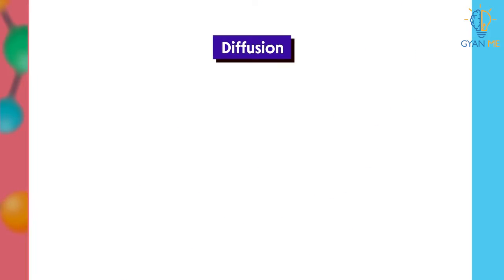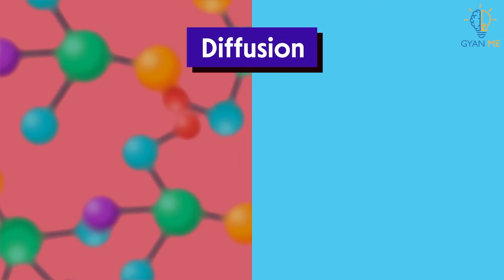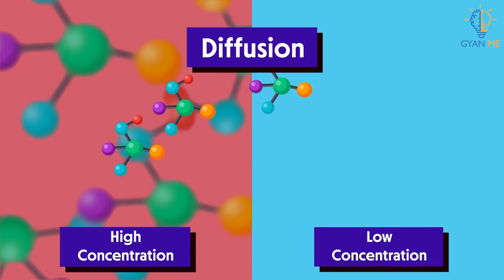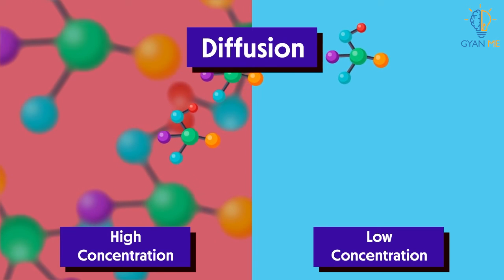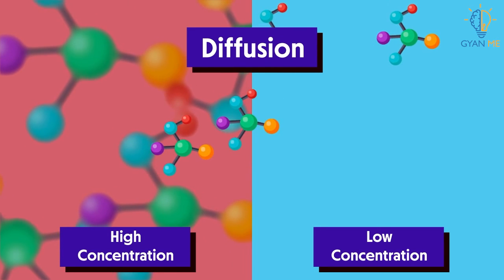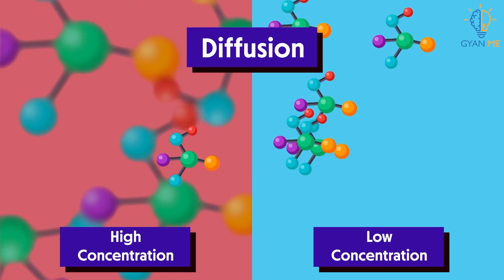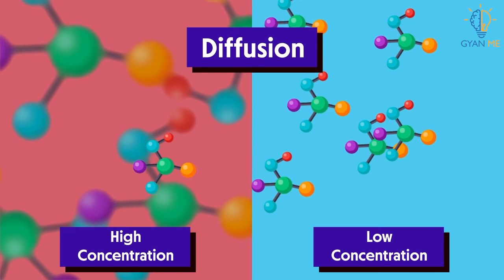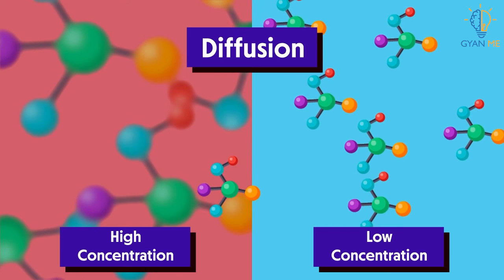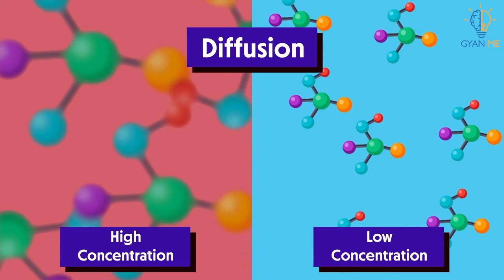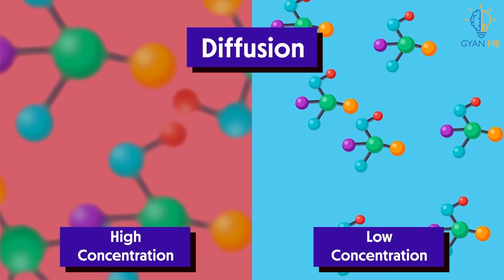Students, as we know, in diffusion, molecules move from their high concentration to their low concentration. And since we know that here nitrogenous wastes are at high concentration in the patient's blood while it is low in the dialyzing fluid, they move out of the patient's blood, and this is how the patient's blood is purified and all the waste materials are removed from the body.